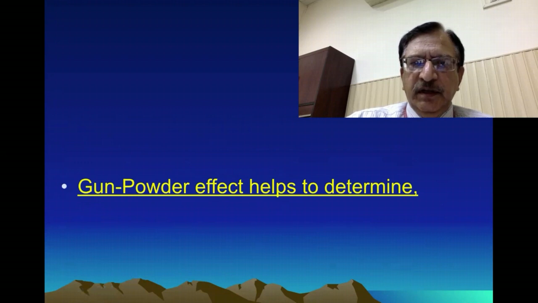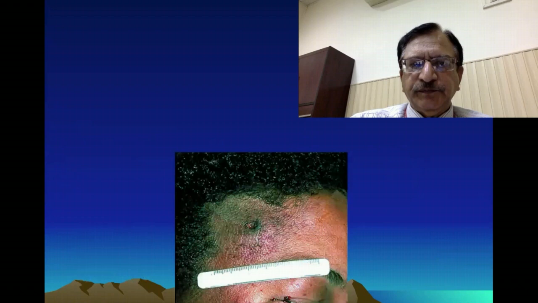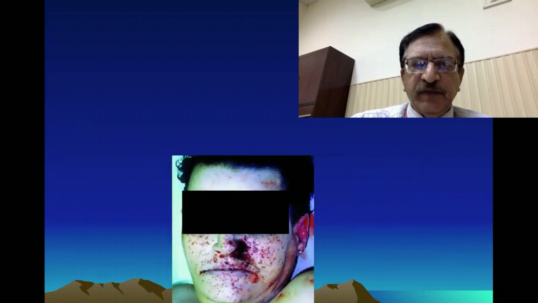If the shot is oblique, the stippling will be oblique. You can see the direction of fire. On the side of the arrow, there is less. On the other side, there are more tattoo marks. And this also will show that the fire has been from the left side of the victim.